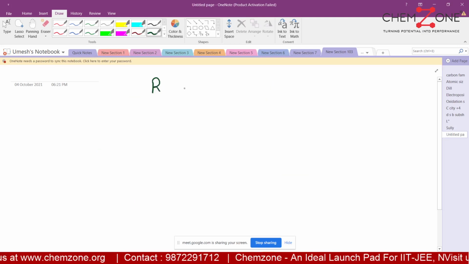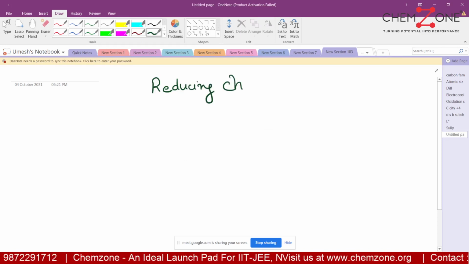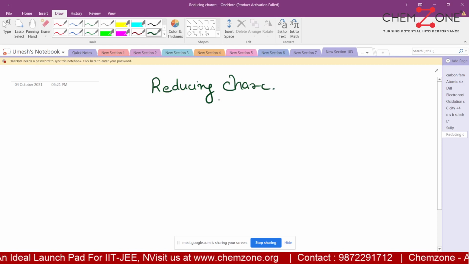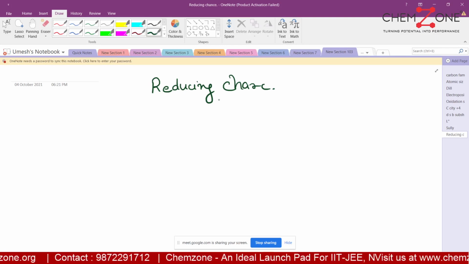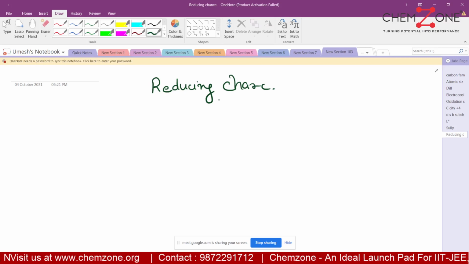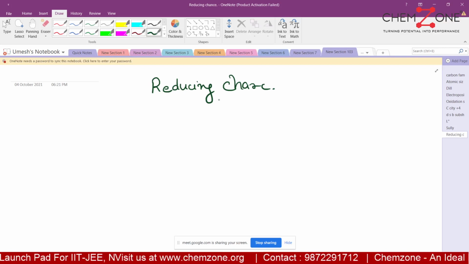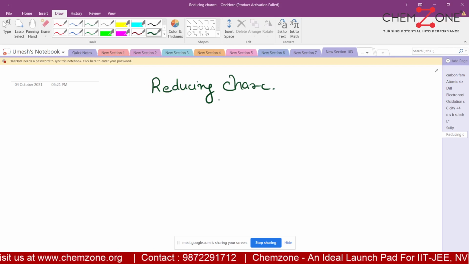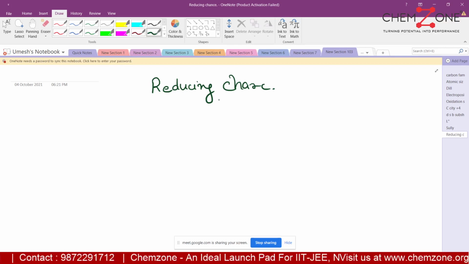Next is reducing character. Can you tell me what is the meaning of the word reducing agent?